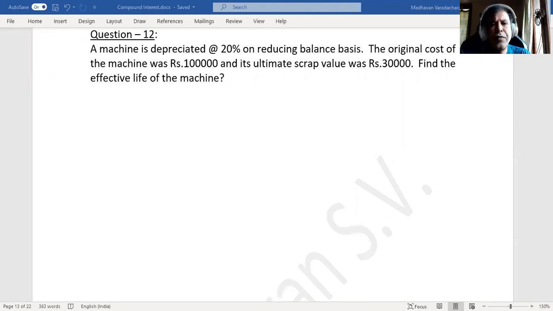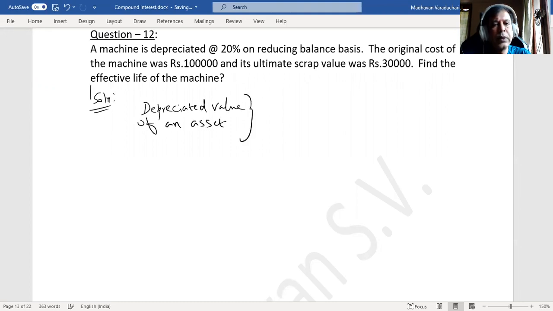So if I want to find the depreciated value of an asset, we can call it as DV. That will be initial cost.